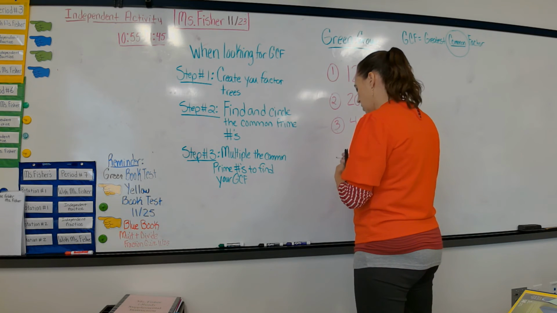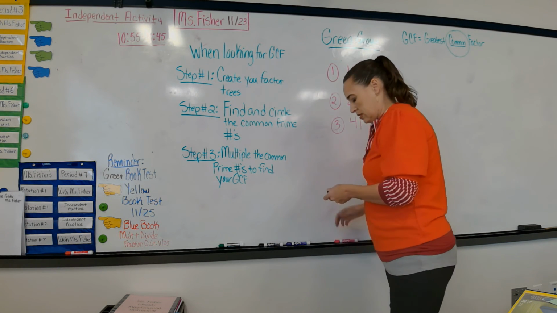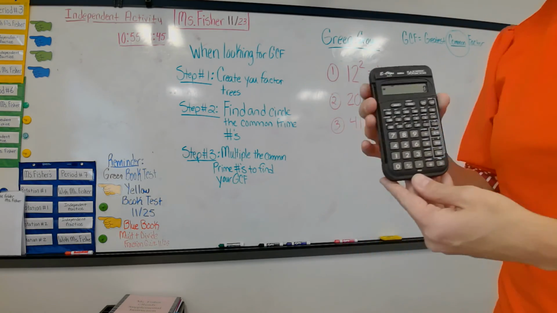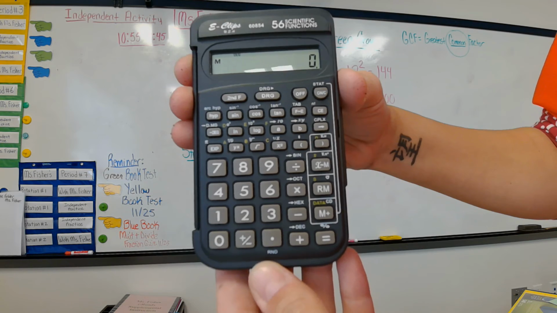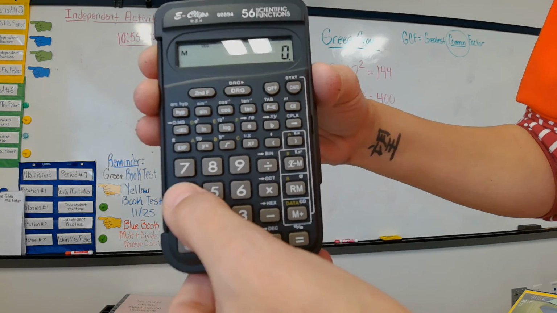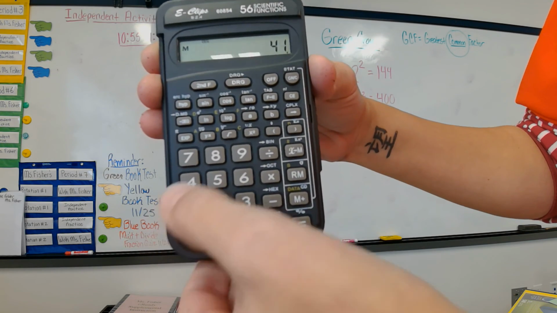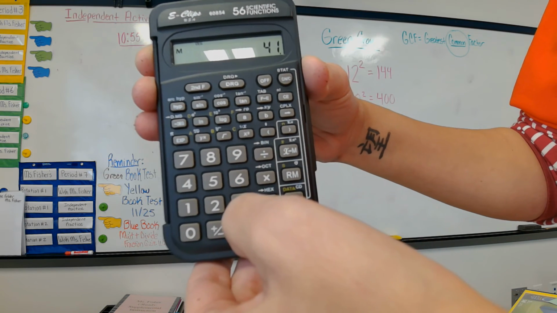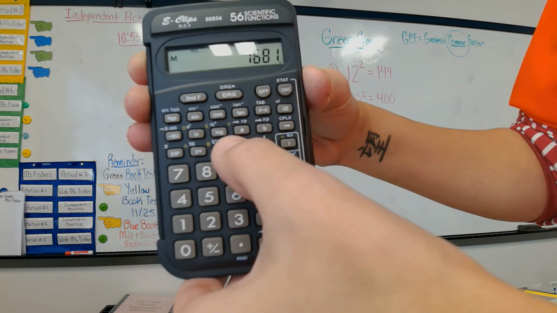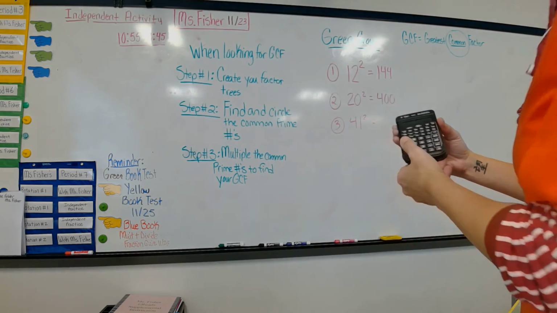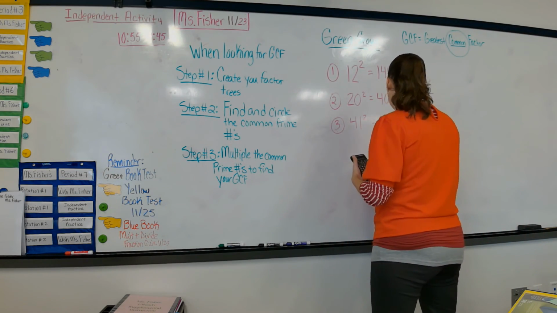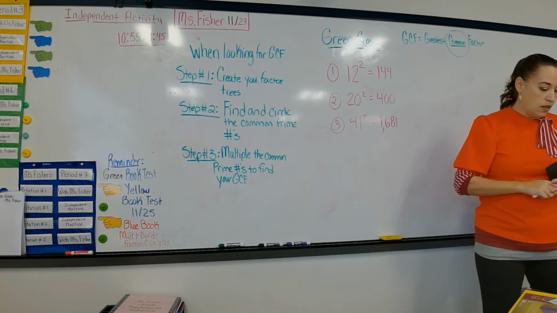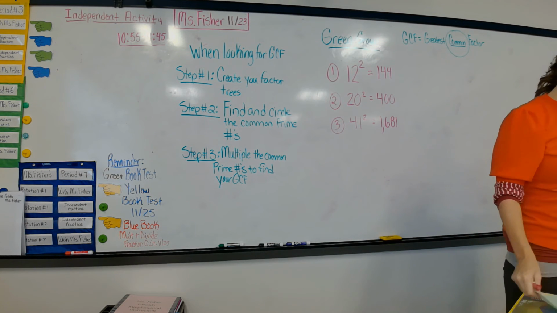And last one, 41 squared. I don't think you can get easier questions than this. Okay, so 41 squared, I'm just going to hit my 4, I'm going to hit my 1, and then I'm going to hit my squared button. 1681, 1,681. Okay? Don't worry about putting your commas in. I'll understand it either way.